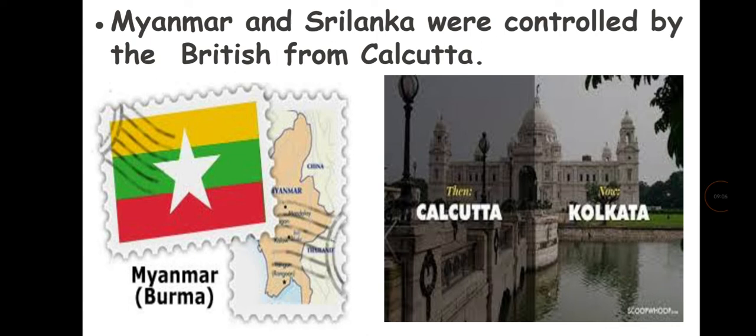Here you can see the flag of Myanmar. It has had connections with India since ancient times through trade and Buddhism. Most of the people in Myanmar follow Buddhism. And they both were controlled by the British from Calcutta, present day Kolkata.